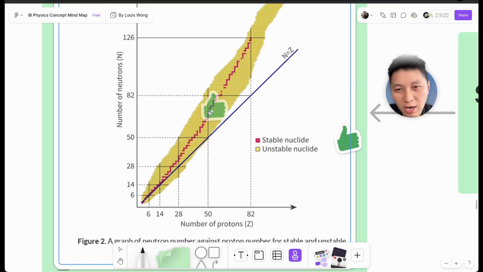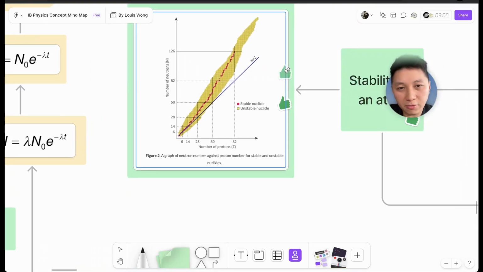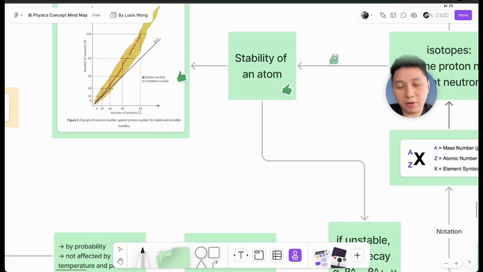In reality, if you look closely, we need more neutrons than protons. Just take a look for a few seconds. That is the usual ratio, having more neutrons than protons to make it stable, not a 1-to-1 ratio.